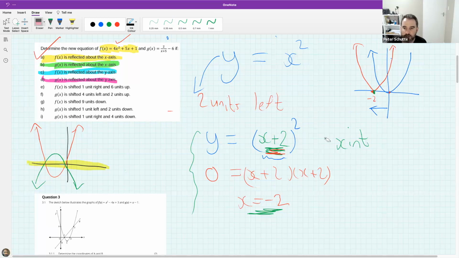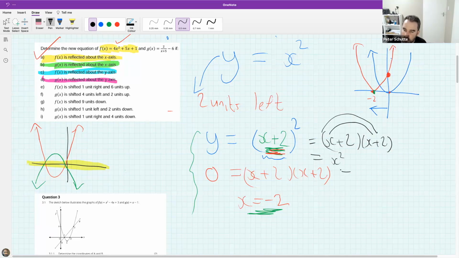The other thing I want to show you is, look at my red graph. Look at how its y-intercept is up here. How do we see that in the algebra? The way we can see it is to multiply this out and see what we get. So we get x squared, then plus 2x, plus 2x, then plus 4.